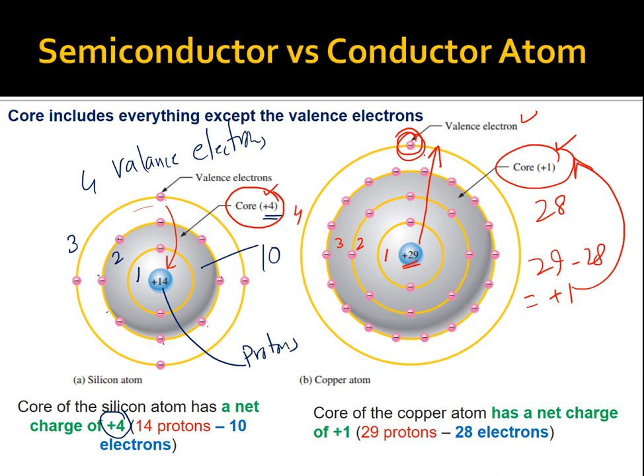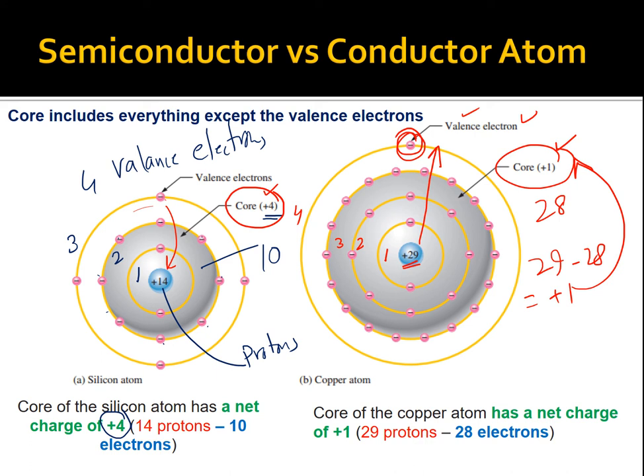Overall, it is easier to remove these valence electrons in the conductor compared to the semiconductor material. That's why, even at room temperature, the supply of a little bit of energy will let the electrons flow in the conductor atoms.